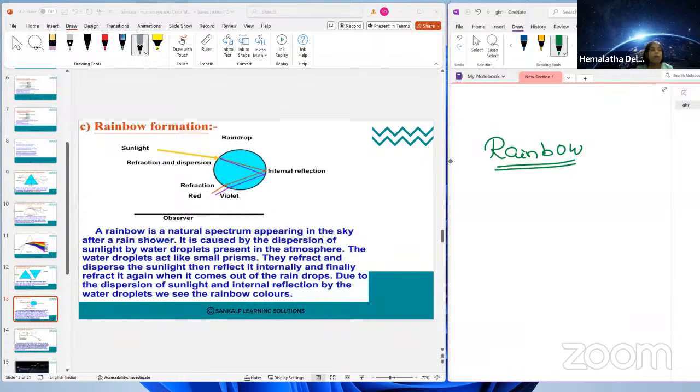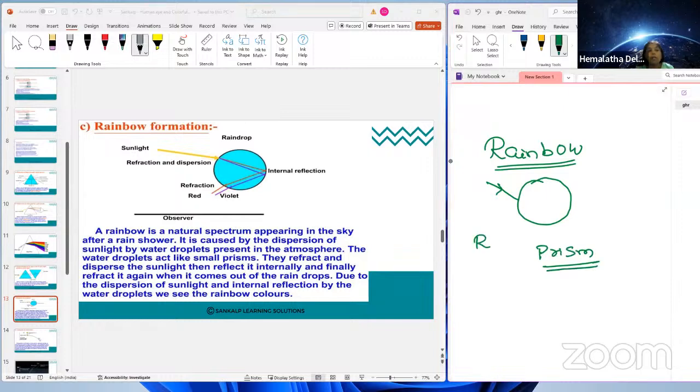How is it formed? When white light, that means sunlight, somehow enters into a raindrop. During rainy days, raindrops will be there. This raindrop acts as a natural prism for the sunlight.